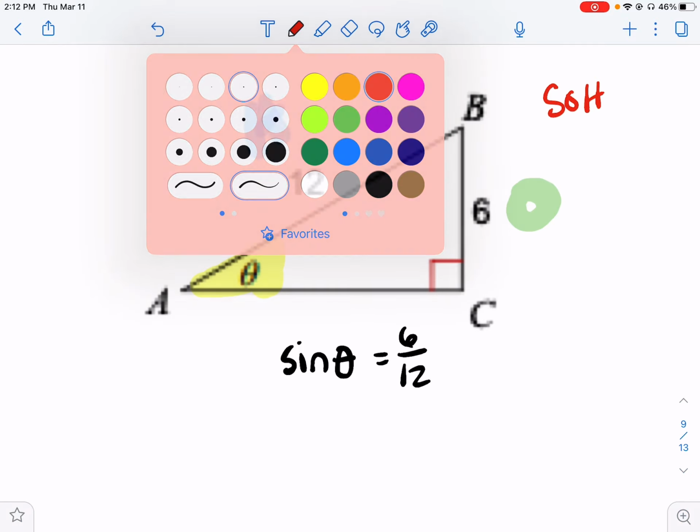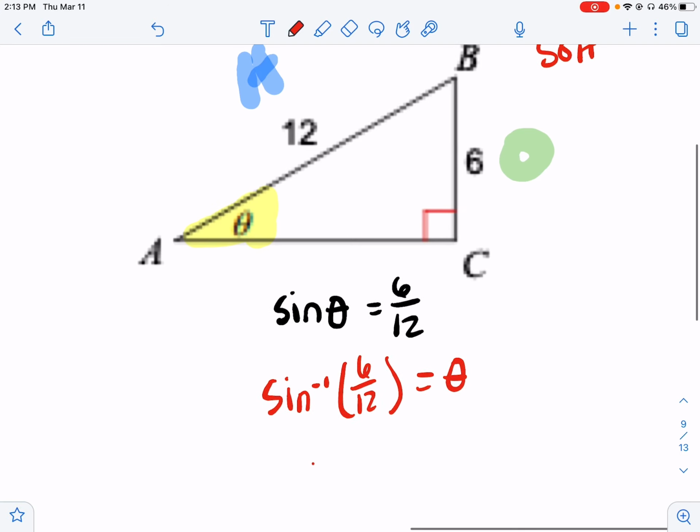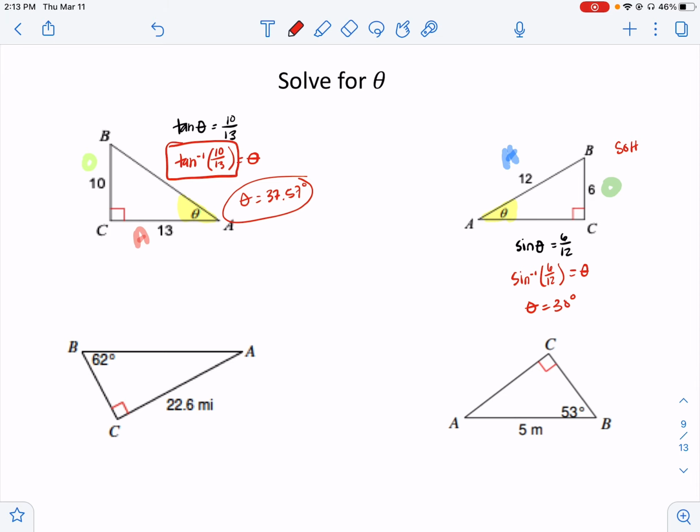But in order to get this by itself, I would say the inverse sine of the ratio, 6 over 12, is going to give me my theta. I'm going to type this into my calculator and, well, actually, we just saw this on the last slide. This would be 30 degrees because 6 over 12 reduces down to 1/2. So this is the idea of inverse trig.